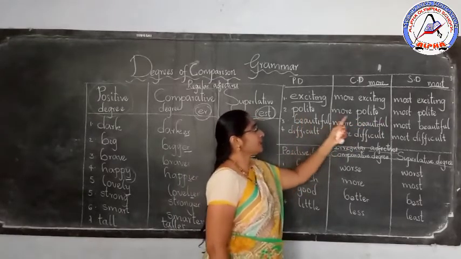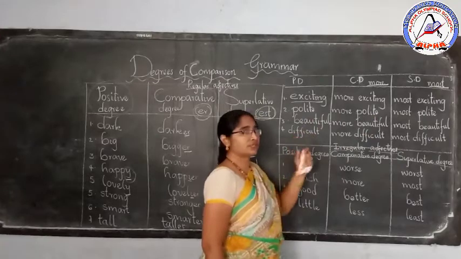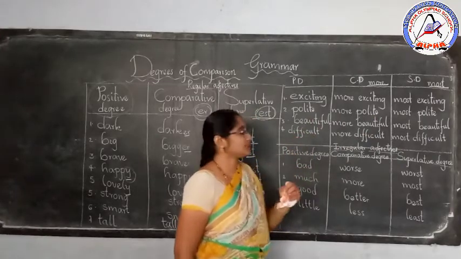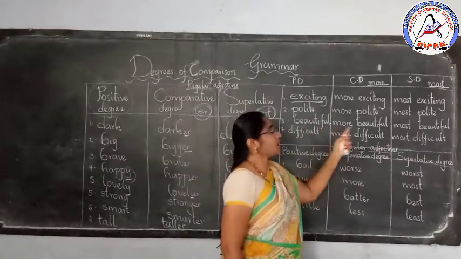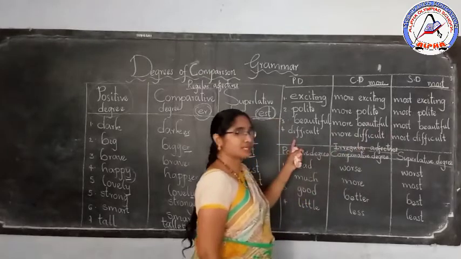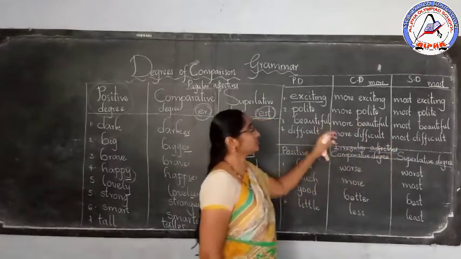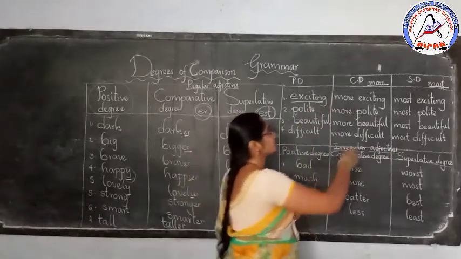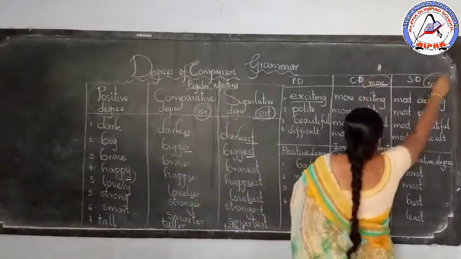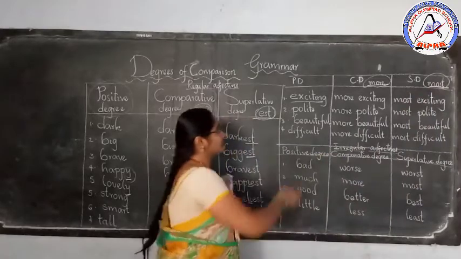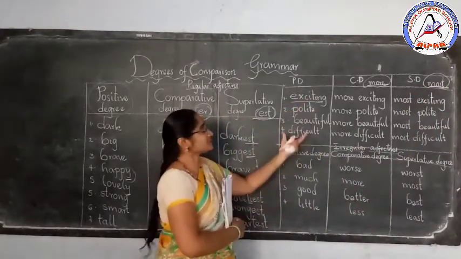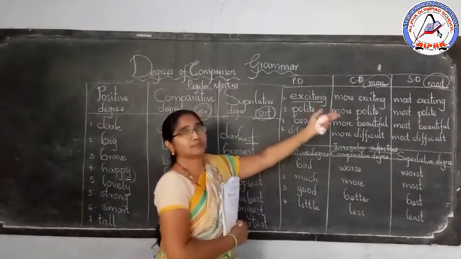More polite, most polite. Next, beautiful. Beautiful, three syllables. More beautiful, most beautiful. Difficult. More difficult, most difficult. Did you understand when you will use more and most? When there are more syllables, when the word is a big word, then you will write more and most.